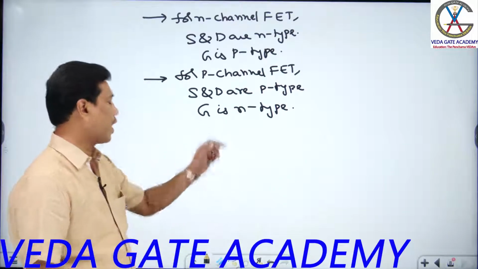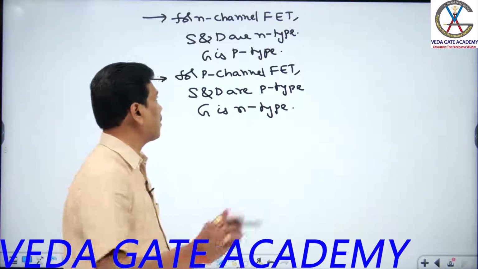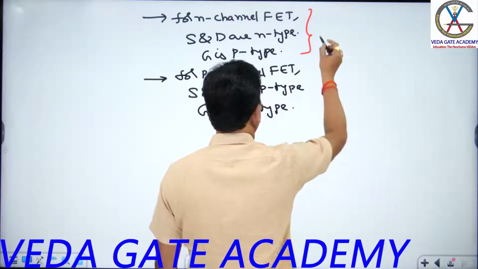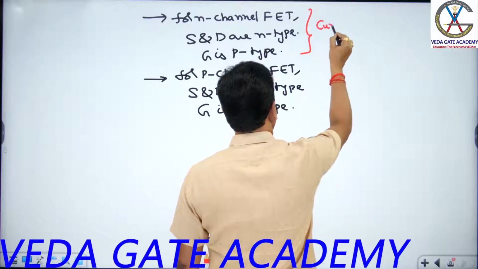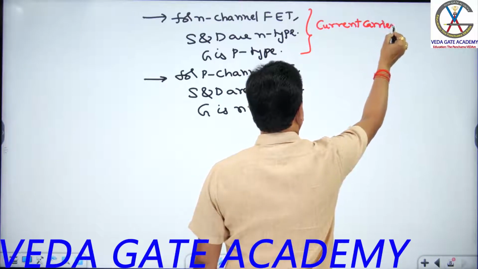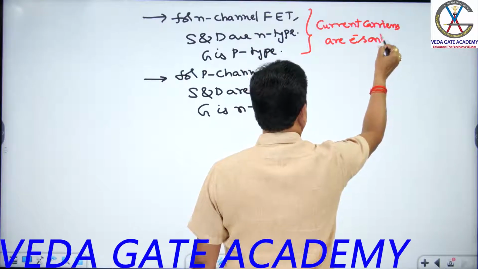And again you remember now, in N channel FET, the current carriers are 100% electrons only. In this one, the current is conducted by electrons only, right? Current carriers are electrons only here.